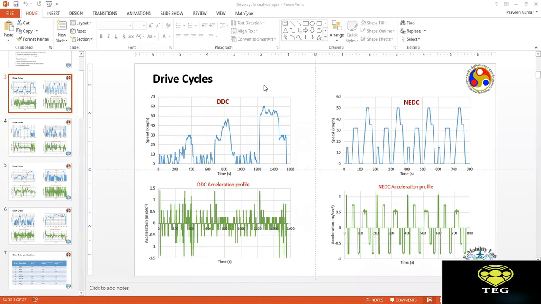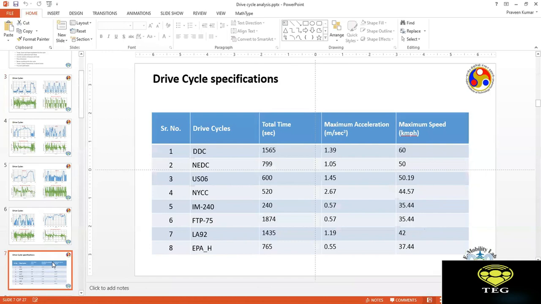So if your acceleration demand is higher, that would translate into higher torque being produced by the prime mover. When I say prime mover, it can be an engine or it can be a motor, doesn't matter. But the prime mover has to produce more torque whenever there is a demand for acceleration. That's what we have to keep in mind. Now, if I look at the Delhi drive cycle and the New York City cycle, then there is clearly a difference between the acceleration demand.